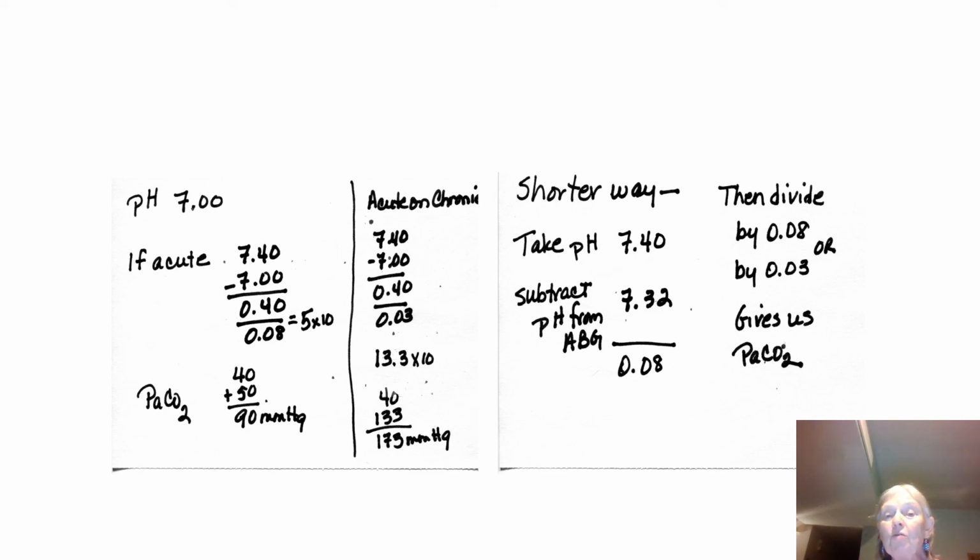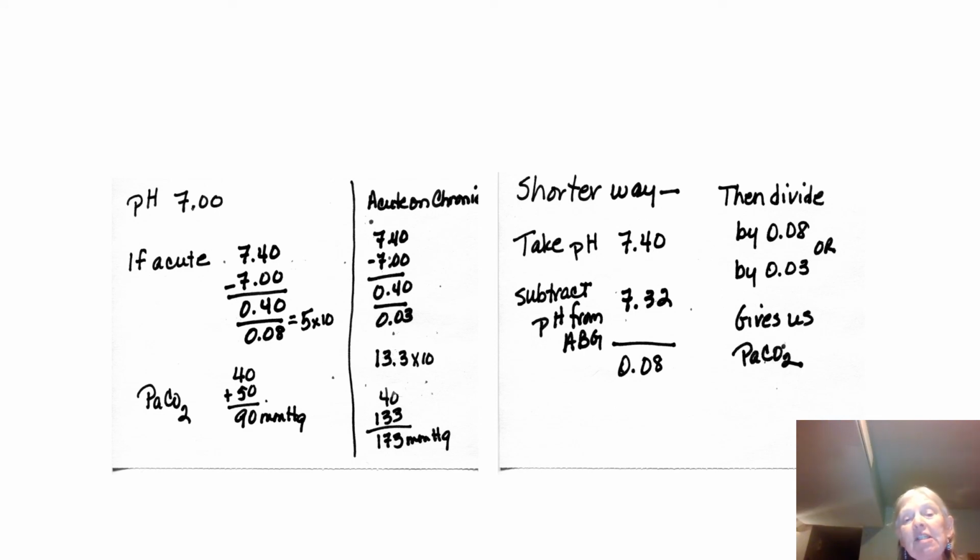If this were an acute on chronic and I wasn't sure that's what it was, instead of doing the acute, I'm going to try the acute on chronic. I'm still going to take the 7.40, subtract the 7.00, come up with that same 0.40, except I'm going to divide by 0.03. 3 goes into 40 right around 13.3 times.